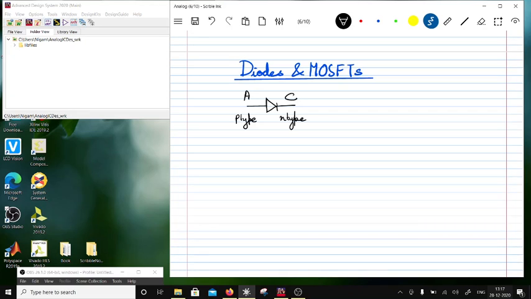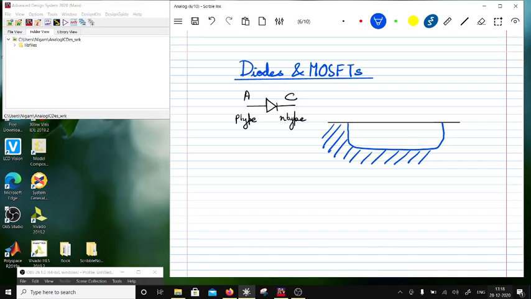Okay, so let's say we consider the N-well CMOS process. So in an N-well process, the diode can sit in its N-well, right? So what would be that diode? Let's say that this is the N-well in which the diode sits, and this region is P minus.